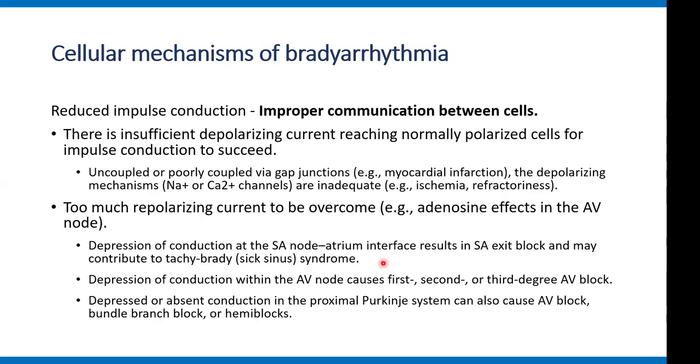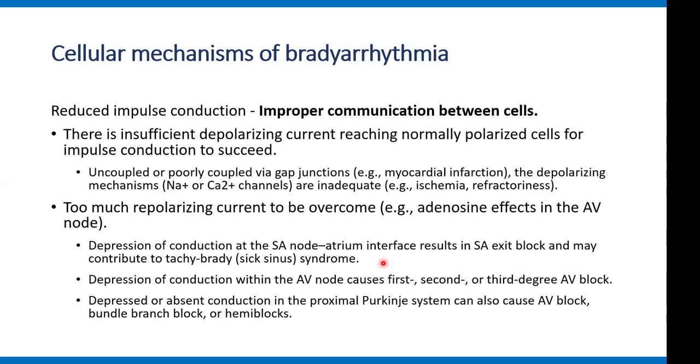What actually happens is that there is a depression of the membrane potential. Okay, so even though there is a conduction that is occurring, the interface between the sinus and the atrium, there is a problem there.